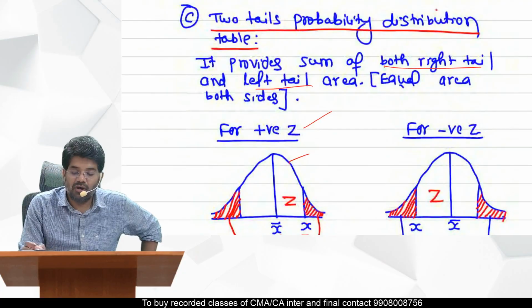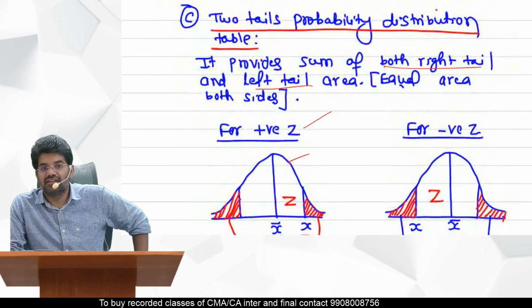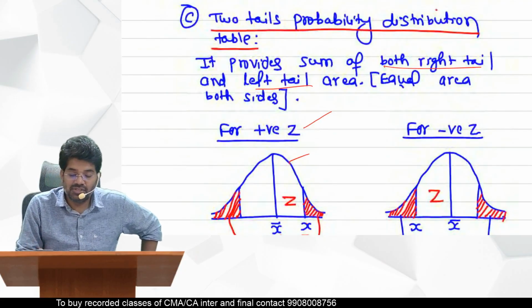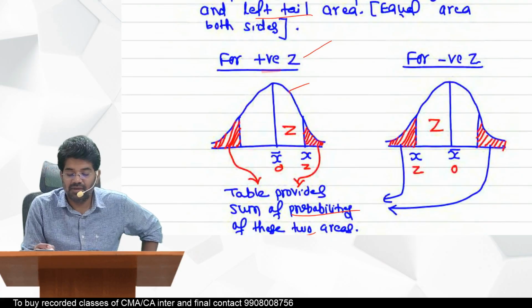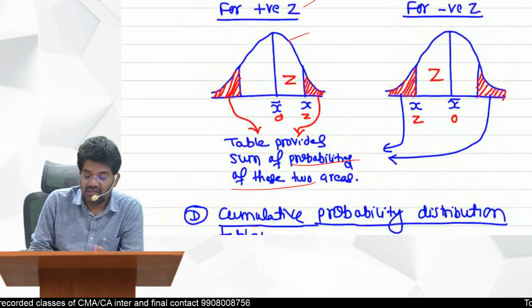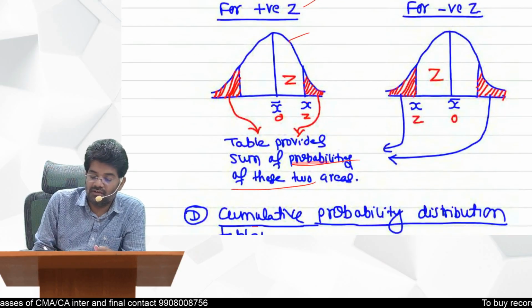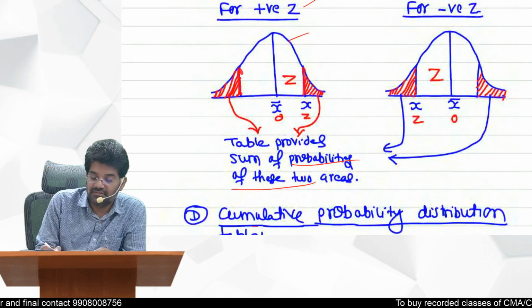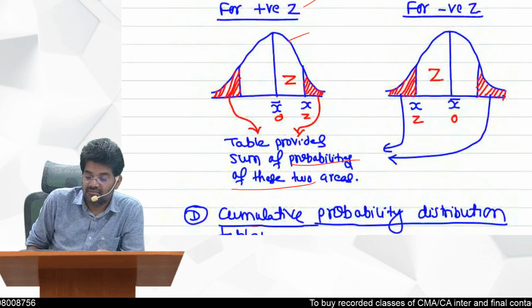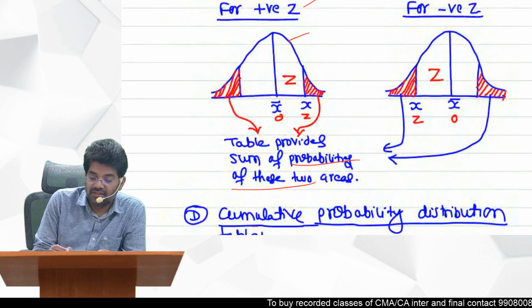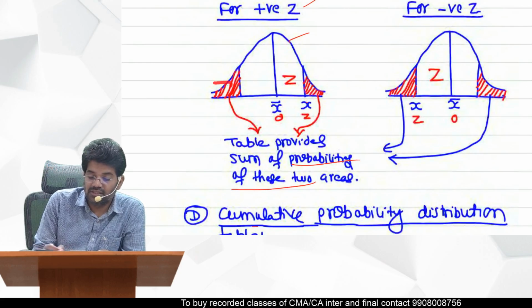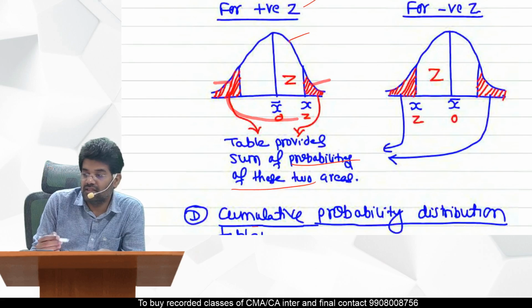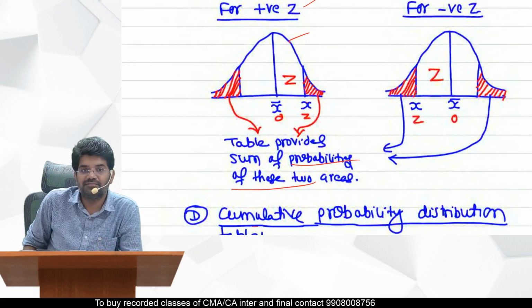Then a two tail probability distribution table will also be there. In the two tail probability distribution table, if positive Z is there, the table provides the sum of the probability of these two areas. That means from here to here. This value put together is the value the table is going to give you.